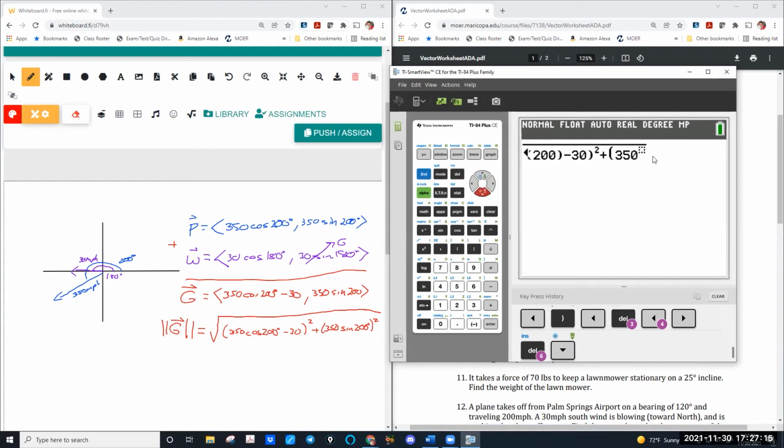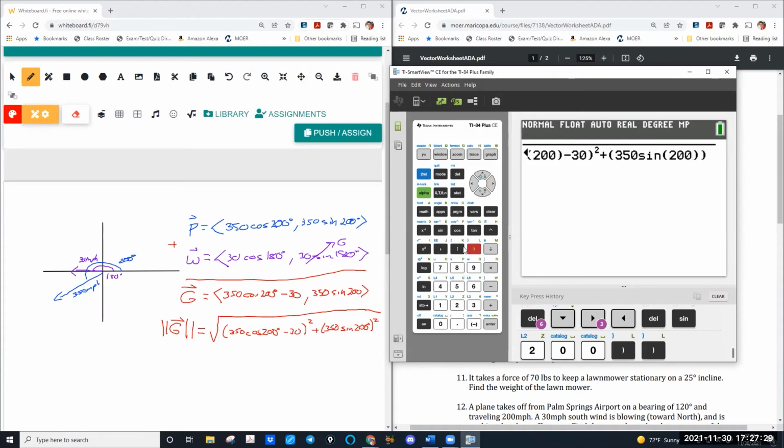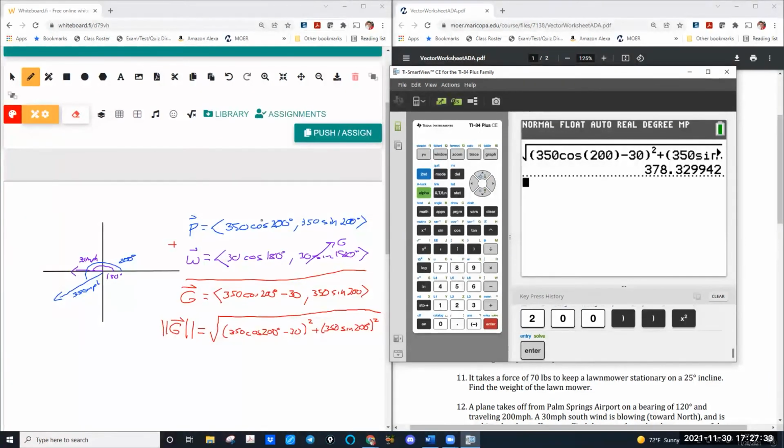Okay, 350 sine of 200 degrees squared. Okay. And there is our ground speed.